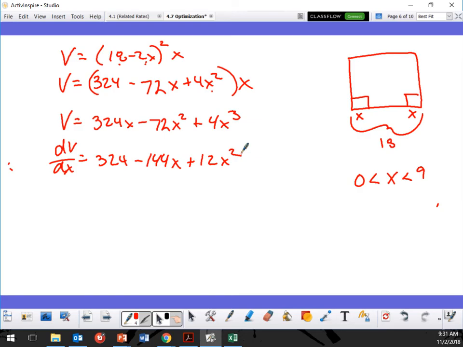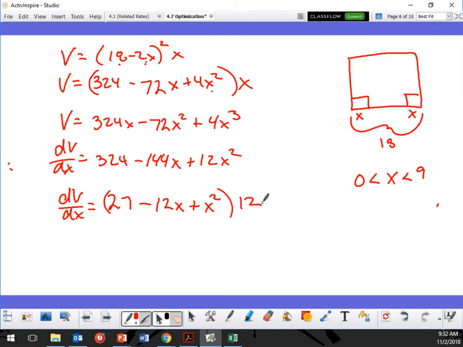If I'm factoring out a 12, what is this going to be? 27. Yes, 27, thank you. 27 minus 12x plus x squared. I'm factoring out that 12, so that 12 goes away.